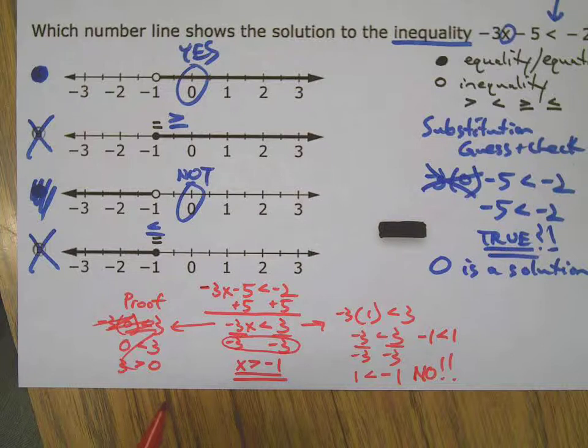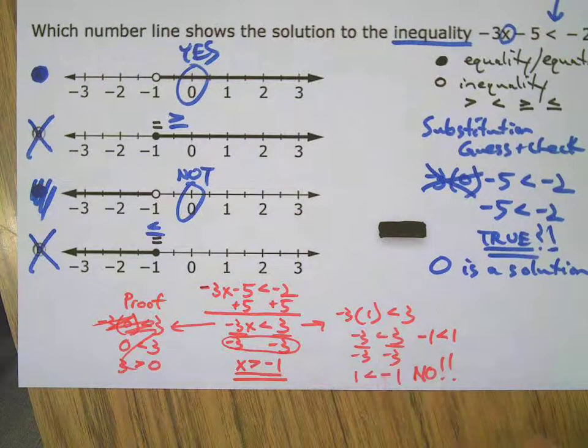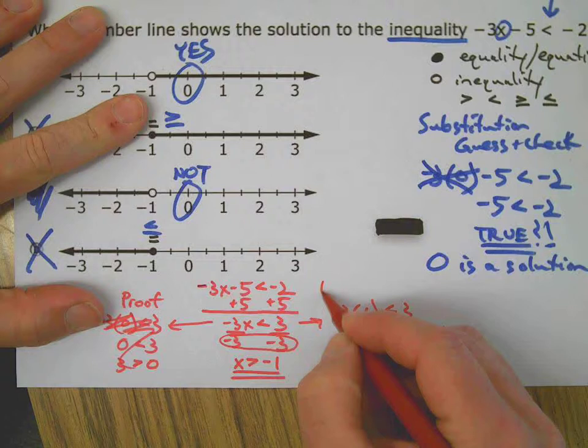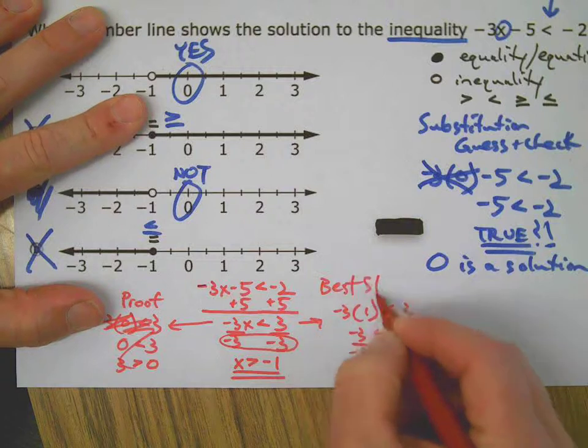Okay? So we've got that. So anyway, we can solve algebraically, and you can use little numbers and substitution to prove it if you're in the situation where you're like, I don't know if I'm supposed to switch the direction of the inequality or not. Well, do a quick little substitution. That's my best strategy there.